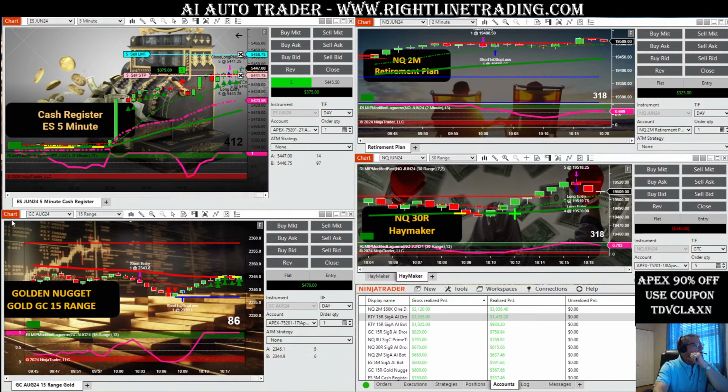Let's take a look at the Russell. We're in a nice trade on the ES here. It's going to just take a little patience.